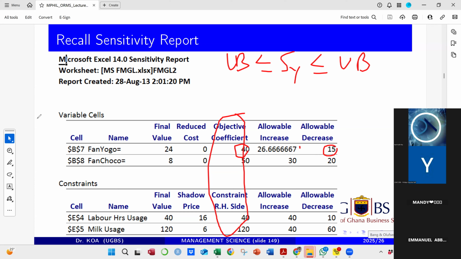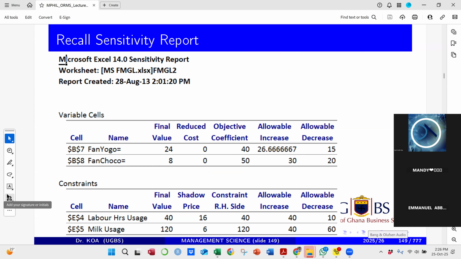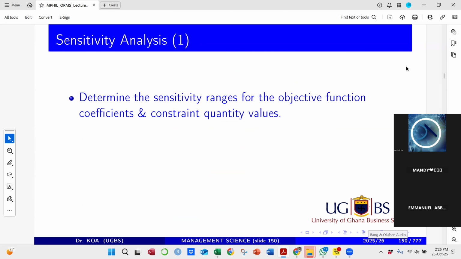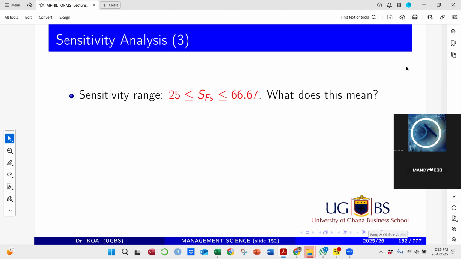And then the upper bound is the objective coefficient, 40, plus the allowable increase, which is about 26.67, giving approximately 66.7. Good. So what you said is what is here. That is the sensitivity range.